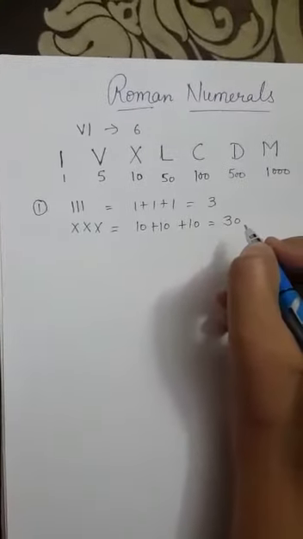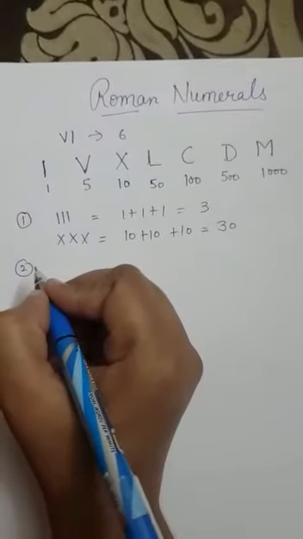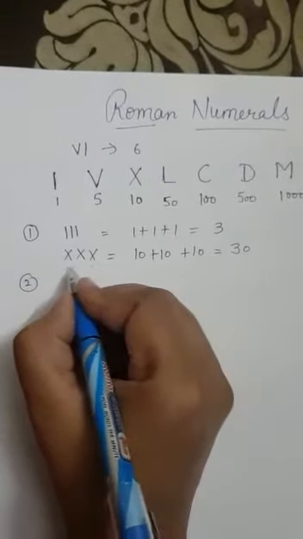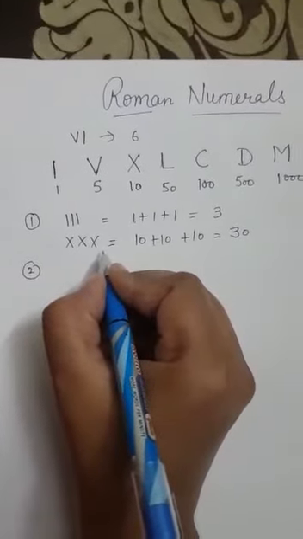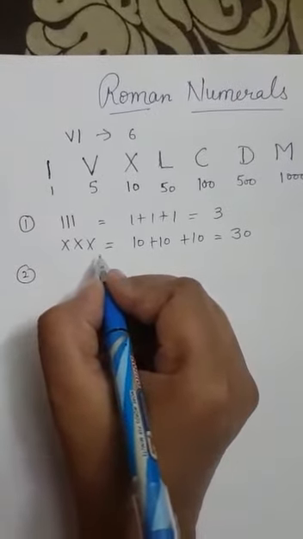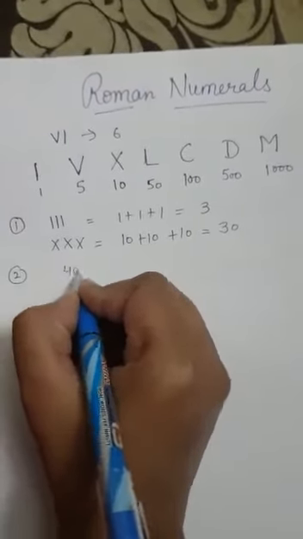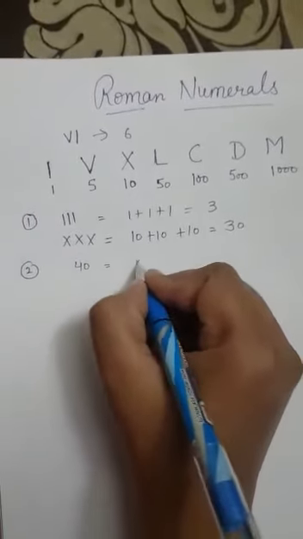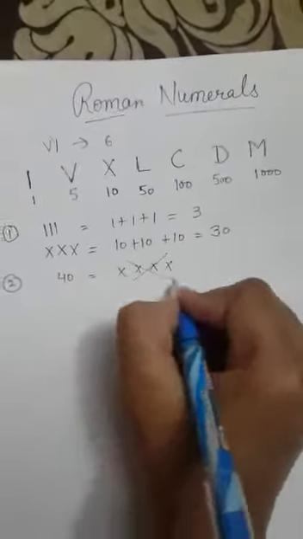And after that, your second rule: you can't repeat a symbol of Romans more than 3 times. This is your second rule. If you are going to write 40, you can't write XXXX. That is wrong.